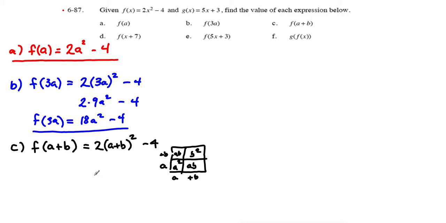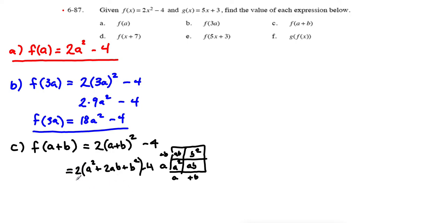So our next step here, we should have 2 times the quantity of a squared plus 2ab plus b squared, minus 4. Oops, let me close that parenthesis.